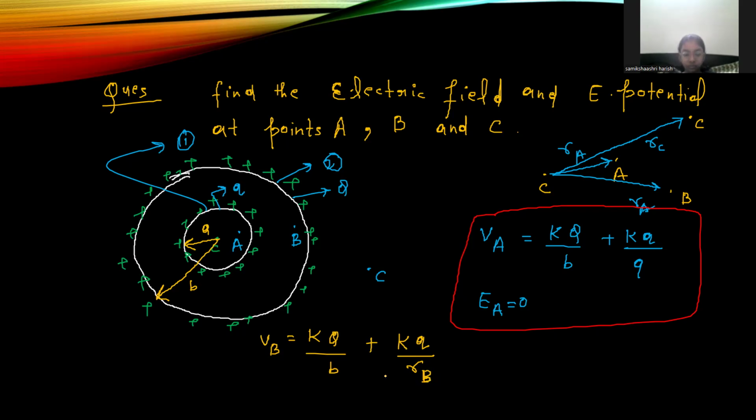If I ask what is the electric field at B? This point B is inside the outer sphere, so due to the outer sphere it is 0.